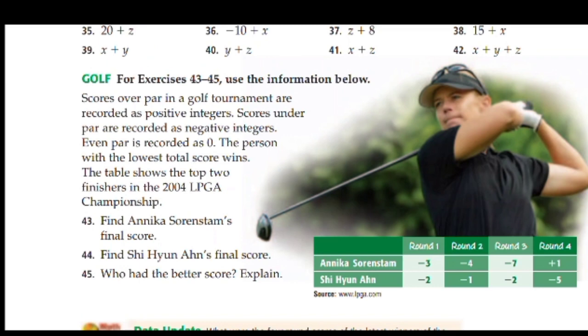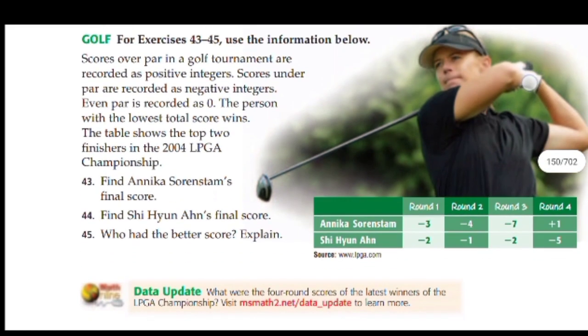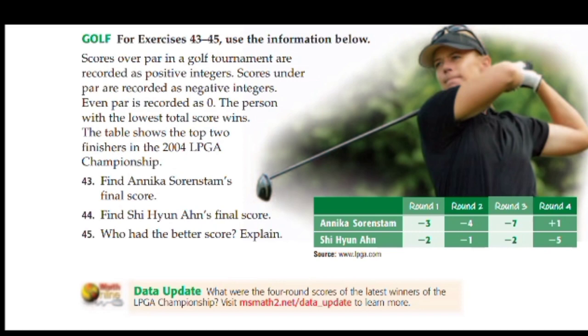Even par is recorded as a 0. The person with the lowest total score wins. The table shows the top 2 finishers in the LPGA Championship.